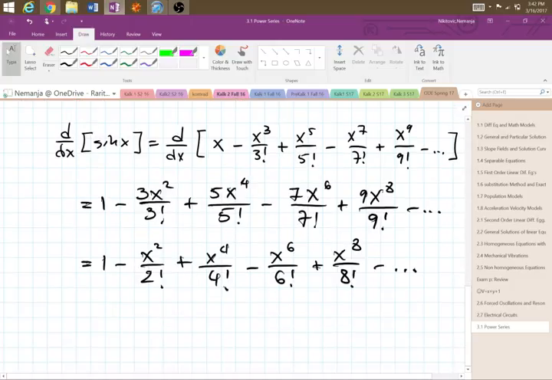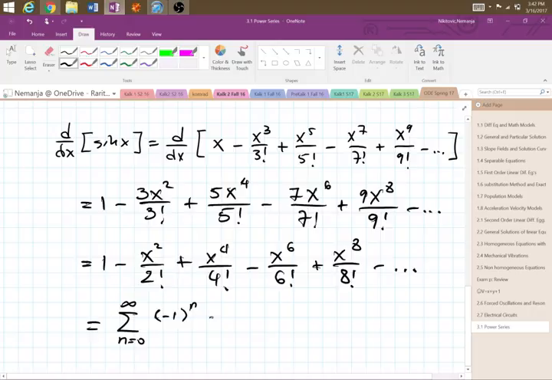So now, when you compress this, if you pay attention to the pattern, you will see that you again have the alternating piece. So I have negative 1 to the, if I start n at 0, that should be to the n, right? Because the first term has to be positive.